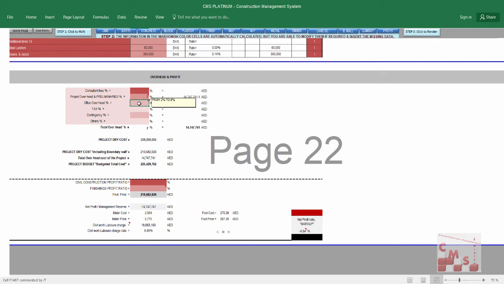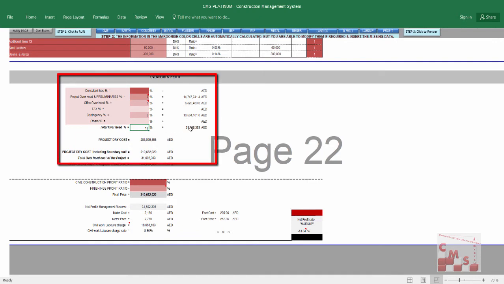We'll consider here 3%. Also, if you have tax, it must be added here. And of course, you have to add a contingency. We'll consider 5% of contingency. That means we have here almost 15% overhead, which costs approximately 31 million. It will be added on the project's dry cost. According to this, you will have 15% of the project price as an overhead.